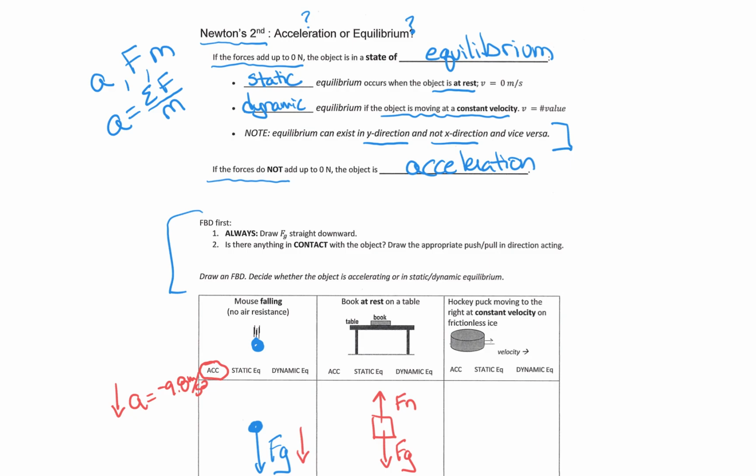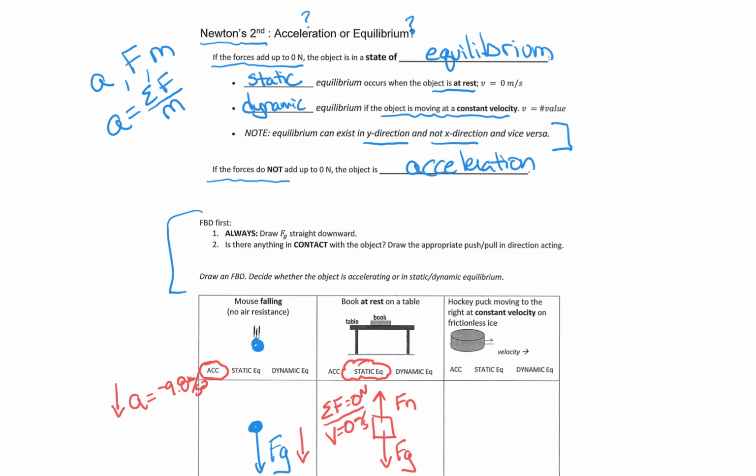Normal looks to be about the same size as gravity. So we have a case where the sum of the forces equals zero, and the velocity is zero. And if those two are met, then we term that a static equilibrium. It's equilibrium because the forces are adding up to 0 newtons, and the velocity is 0 meters per second.